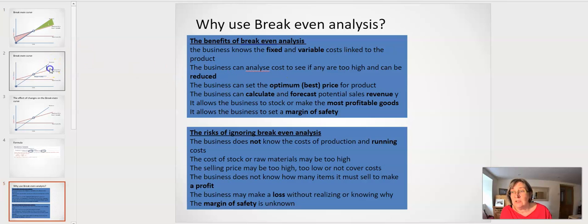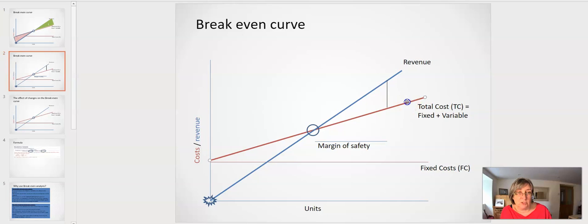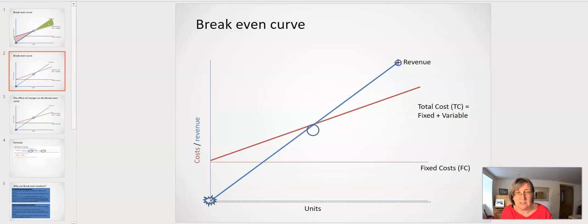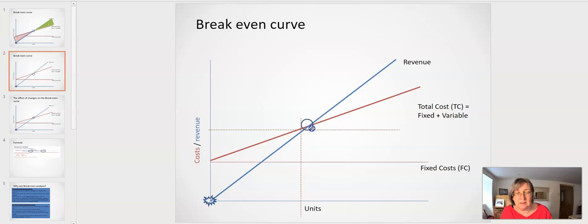It can also set the optimum price. So say we find that costs are higher than we would like, we can then change the price, which will change the price per unit, and it will mean that we can still produce the same number of units if we have changed our price per unit.